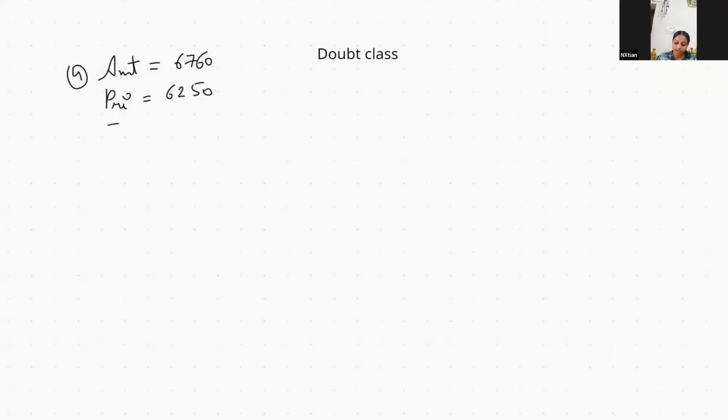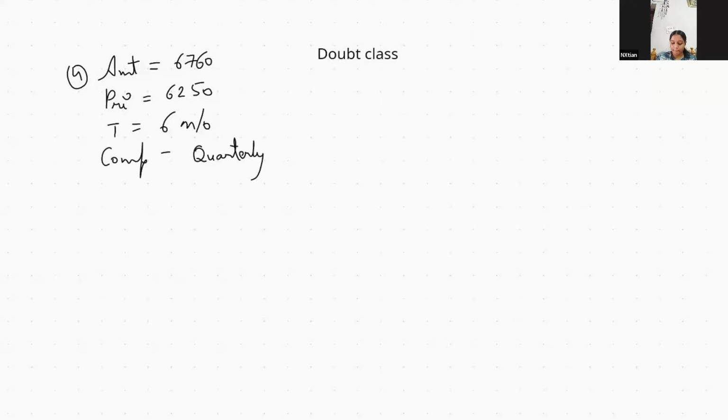Principal, in time we are having 6 months. And this is compounded quarterly, right, ma'am? Yes, this is compounded quarterly. So 6 months means 2 quarters.